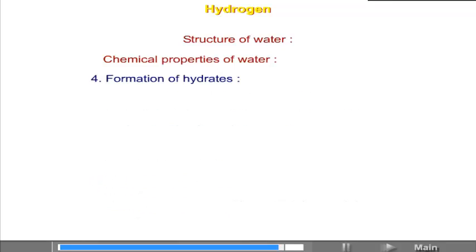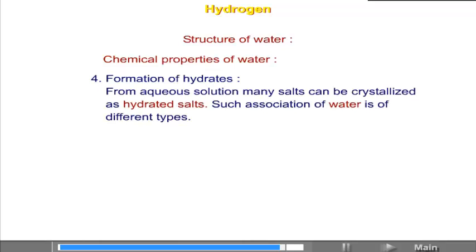Fourth one, formation of hydrates. From aqueous solution, many salts can be crystallized as hydrated salts. Such association of water is of different types. First one, coordinated water. For example, [Cr(H2O)6]3+ 3Cl-.